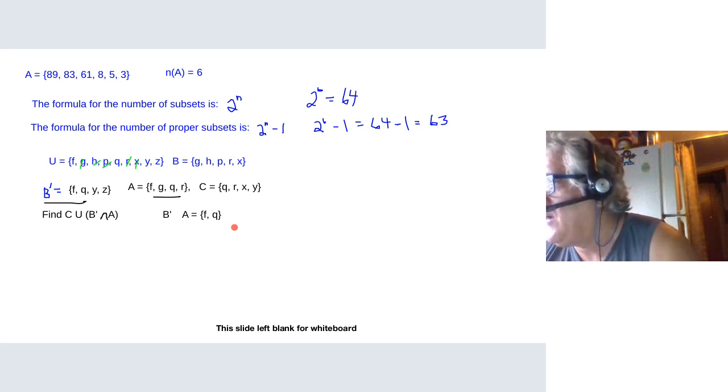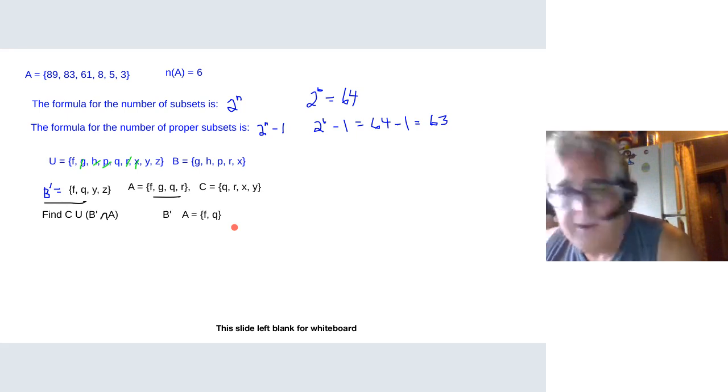It's F and Q. Y is not in A. Z is not in A. G or R are not in B complement, right?